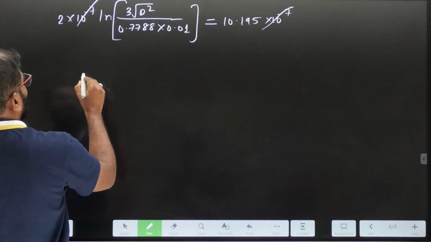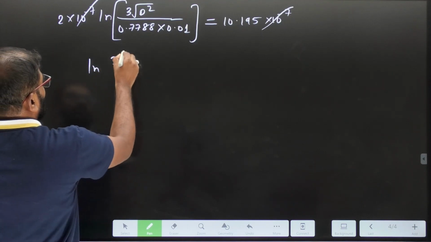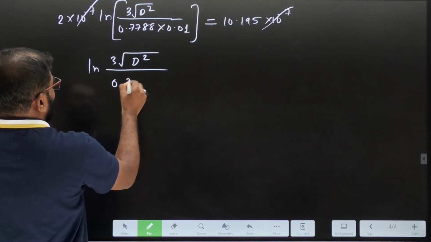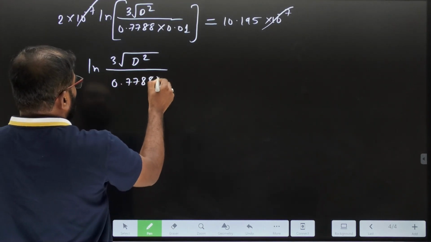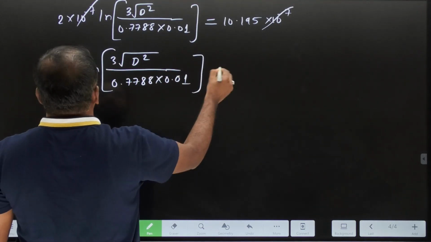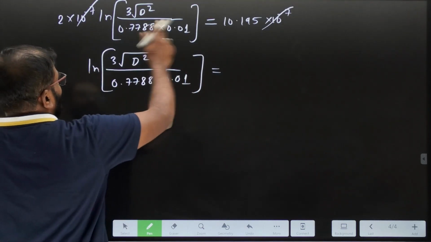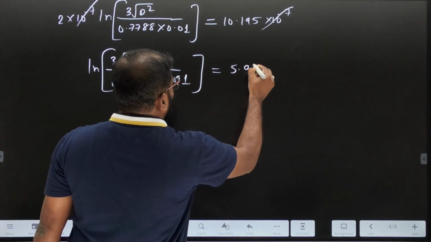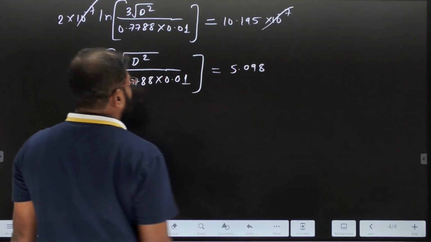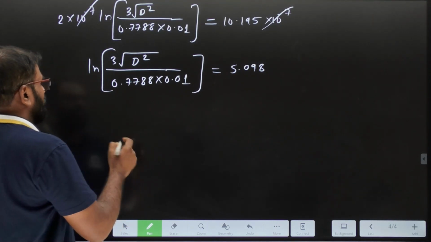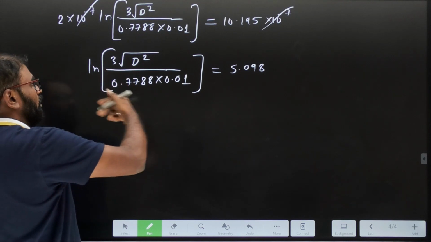Now what do I get? Ln of cube root of D square by 0.7788 into 0.01 is equal to 10.195 divided by 2, so that is 5.098 approximately. Now how to write this? Since it is a ln function, you can do e power on both sides.